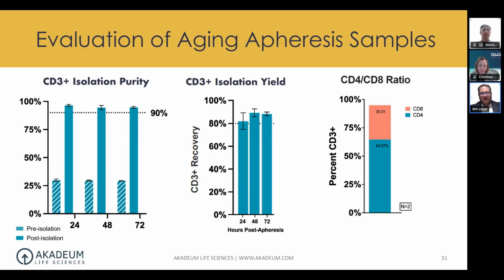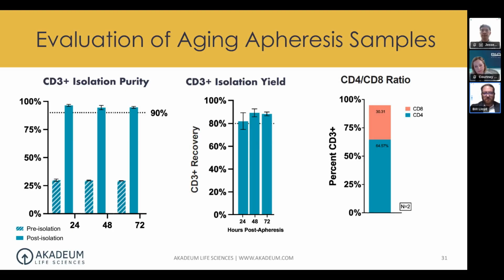And importantly, as I only show one figure on the right-hand side, it's important to underscore that the CD4 and CD8 ratios that were so important to us did not change from input pre-isolation material to post-isolation material, right? Also important to note here that we call out CD4 and CD8s, but there is a double negative population that is preserved as well, which is really important as we consider the therapeutics.